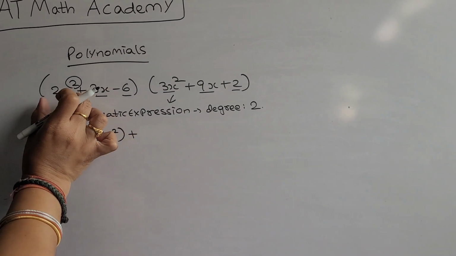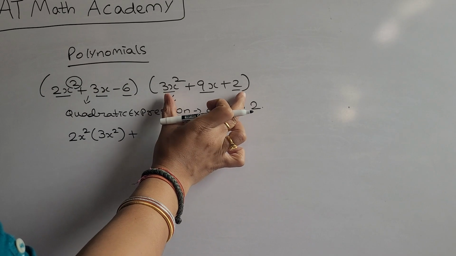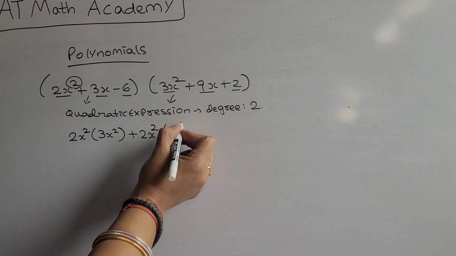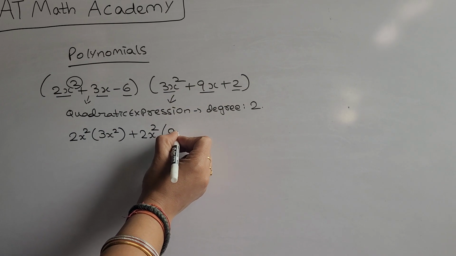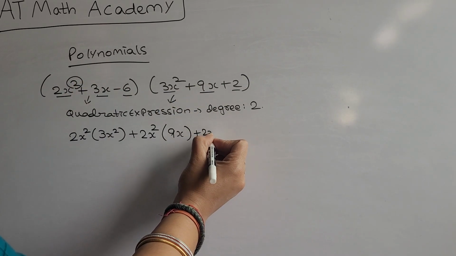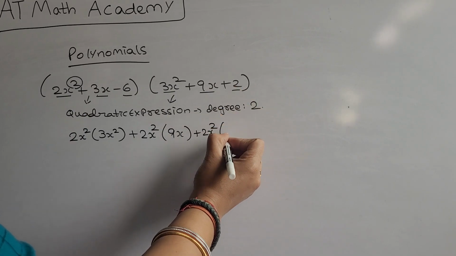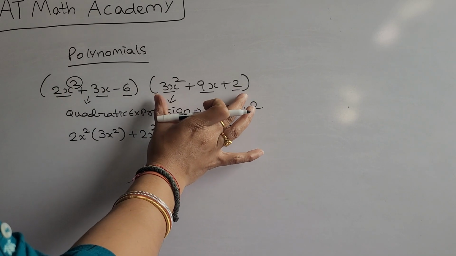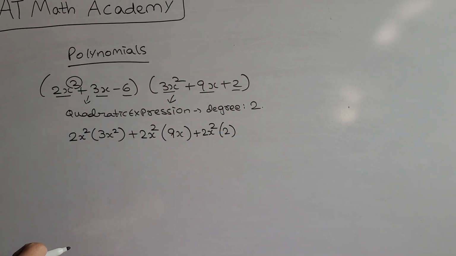I need to multiply my first term with every term in the second expression. So 2x² is my first term, and I'm going to multiply it with 9x, and I'm going to take my first term again and multiply it with the constant. So I have completed multiplying my first term with all of the terms in the second expression.